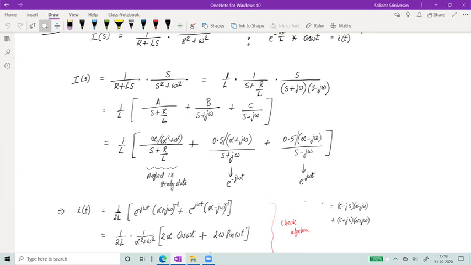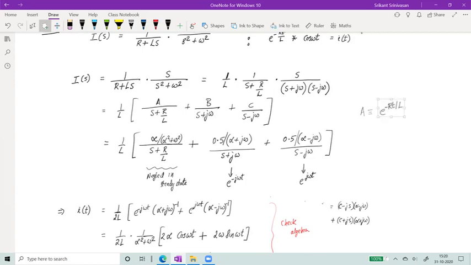Now that we have three terms, A, B, and C, for the case of a sinusoidal steady state response we can ignore this term, because the denominator S plus R by L will lead to a response given by e to the minus Rt over L. I'll write it down here: A is going to be of the form e to the minus Rt over L. Since it's a decaying exponential, in steady state it's not going to exist, because steady state means t tends to infinity.